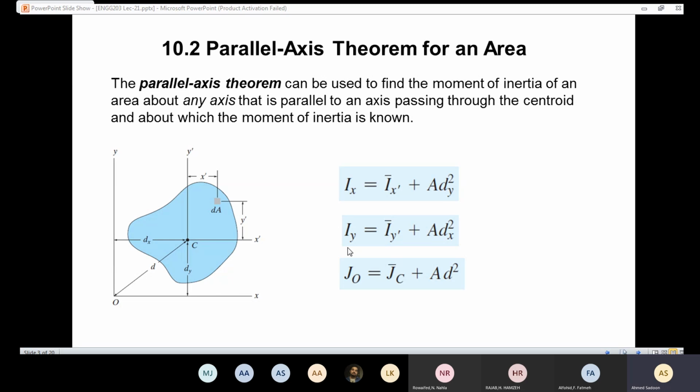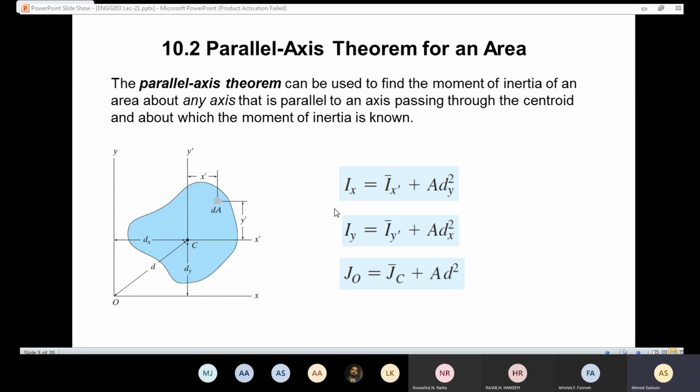Similarly, I can determine the moment of inertia about y with respect to y hat. If I know the moment of inertia about y hat, using the parallel axis theorem I'll be able to find the moment of inertia about y.